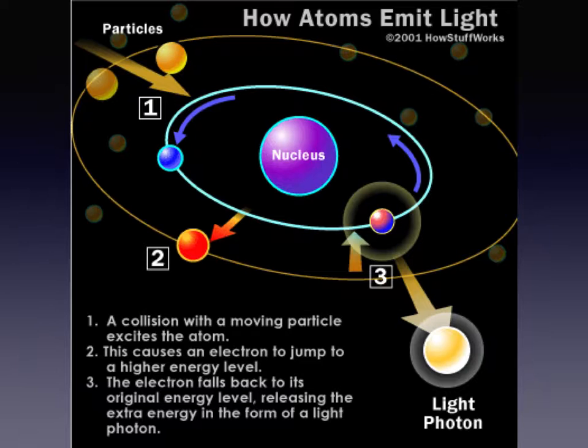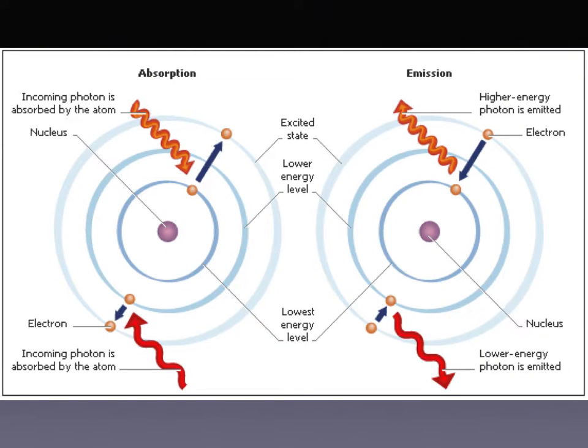Okay? How atoms emit light. Basically, we're going to have a collision with a moving particle, which excites the atom. This causes the electron to jump to a higher energy level. The electron falls back into its original energy level, releasing the extra energy in the form of a light photon. So, remember that there is a difference between absorption and emission.